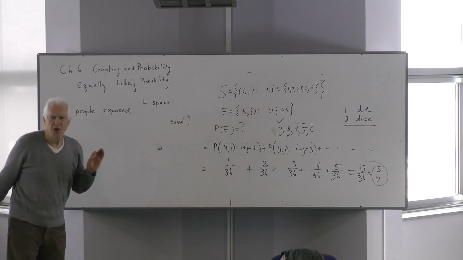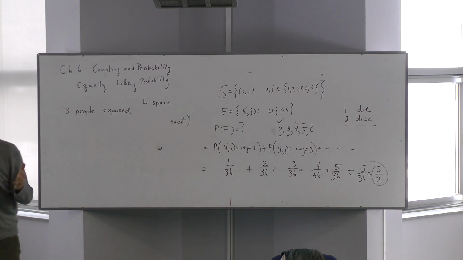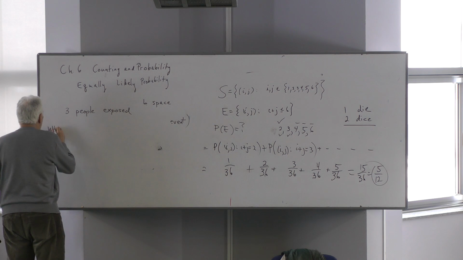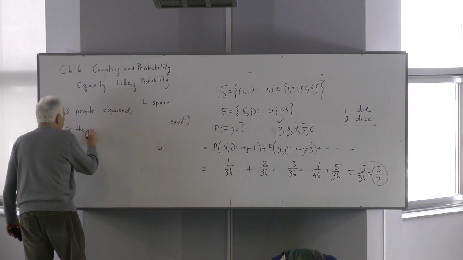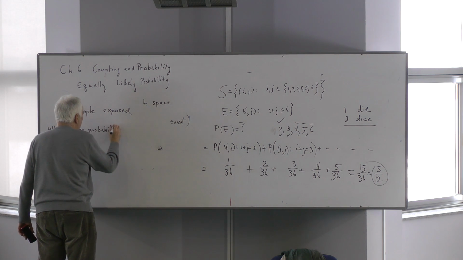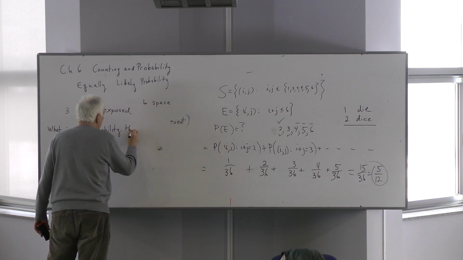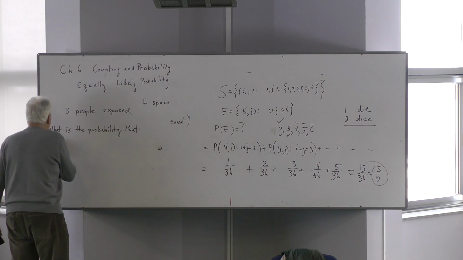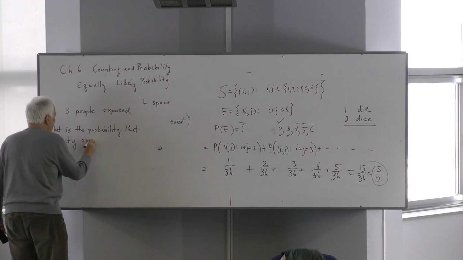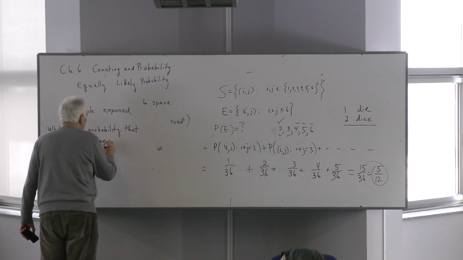Once you're exposed, you have a 50-50 chance of getting the disease. What is the probability that exactly one, not two, not zero, exactly one person becomes ill?